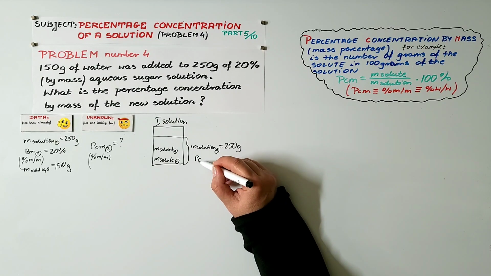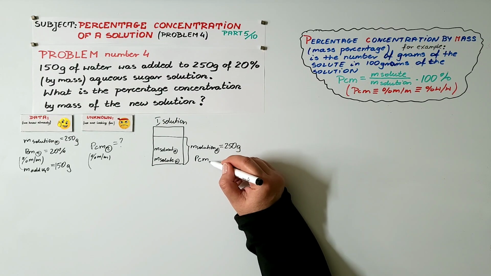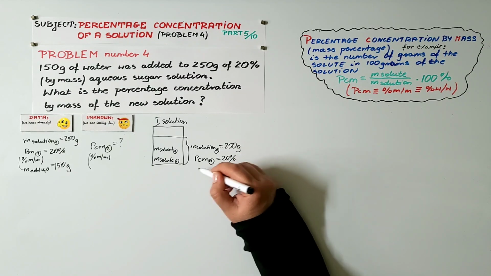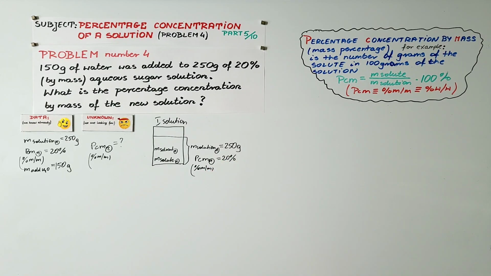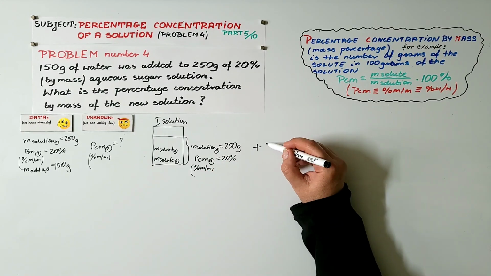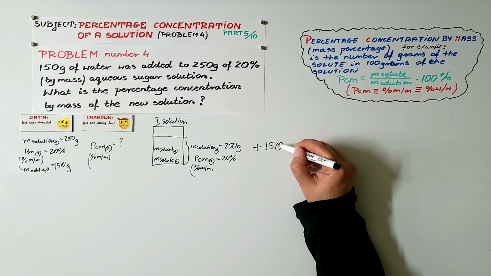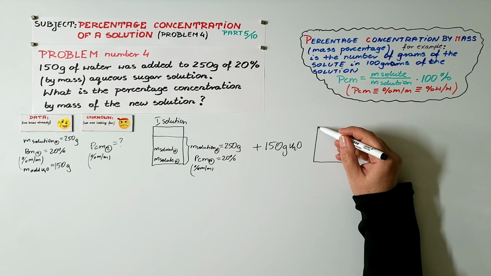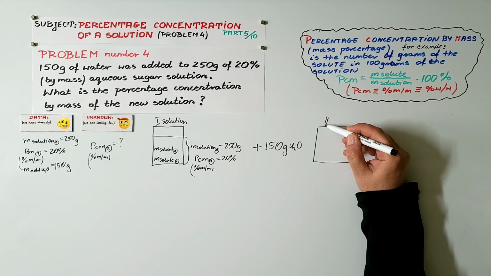We also know percentage concentration by mass in this solution is 20%, percent mass over mass. So we add 150 grams of water. And now we have the second solution.